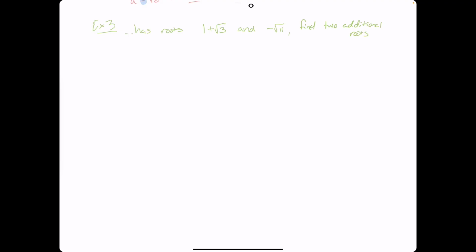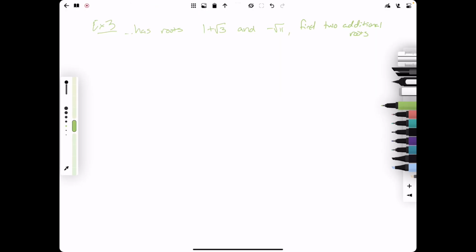I'm going to apply the theorem we just talked about. Where's the A and the B? So if I have 1 plus root 3, what's its counterpart, the conjugate of it? The 1, opposite? Yep, minus root 3. There's one of the next roots.